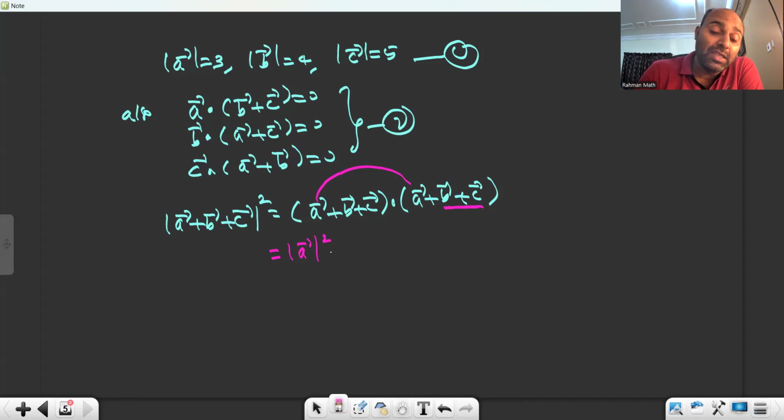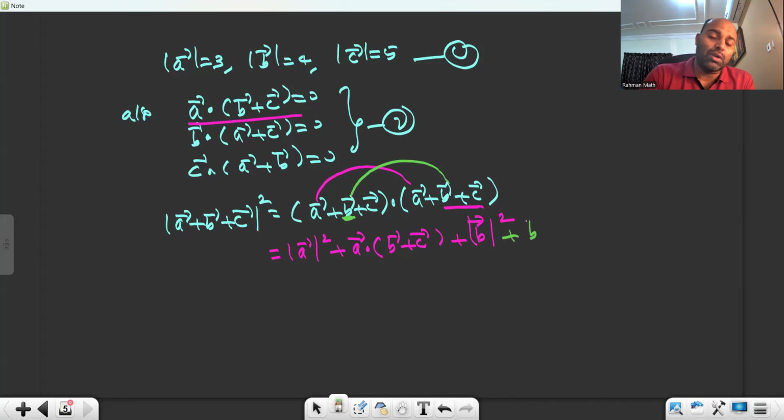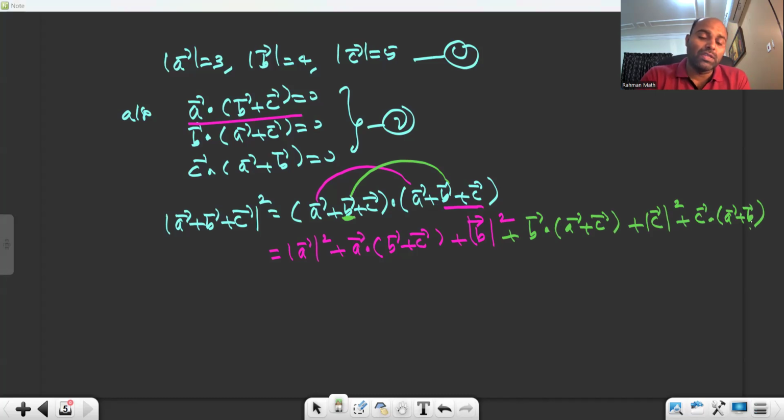Now A I'm multiplying with B plus C together, don't multiply separately, because we have A dot B plus C. Then B dot B, that is magnitude B square, then B dot A plus C. Then C dot C, then C dot A plus B. Only this step is important. After that you can easily manage it.